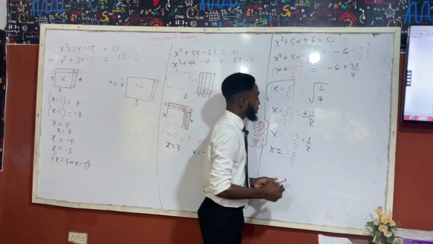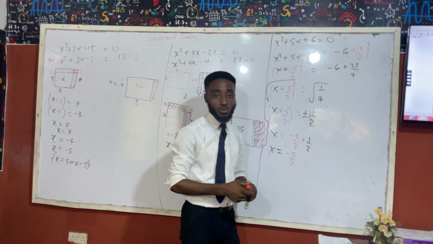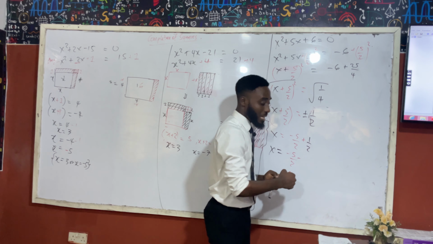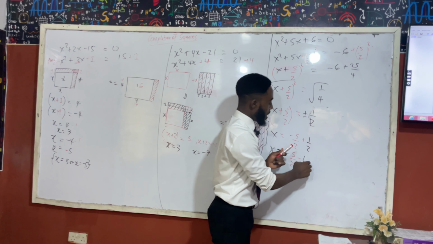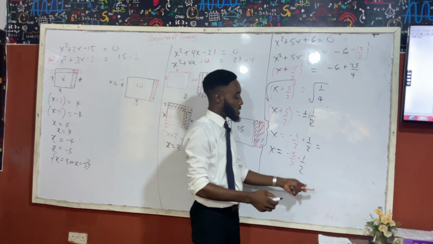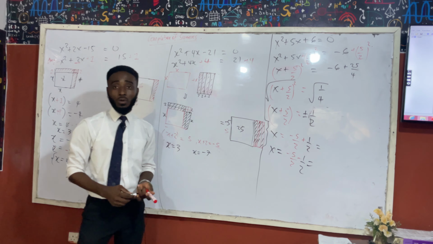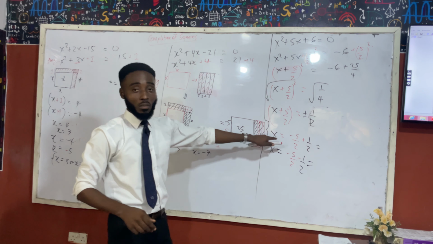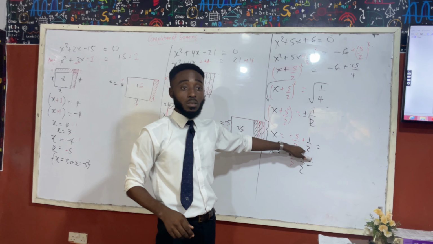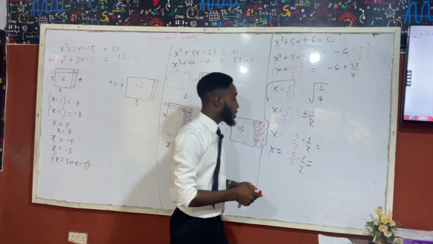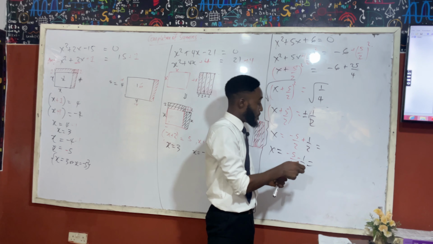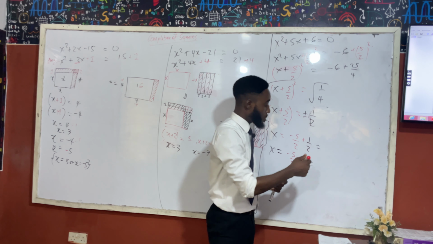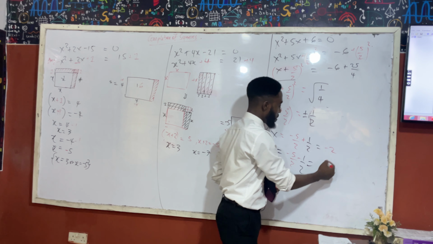And what are the values for this? The first one will be what? Minus 5 over 2 plus 1 over 2 becomes what? 4 over 2, and ends up minus 2. Okay, so it becomes minus 2.